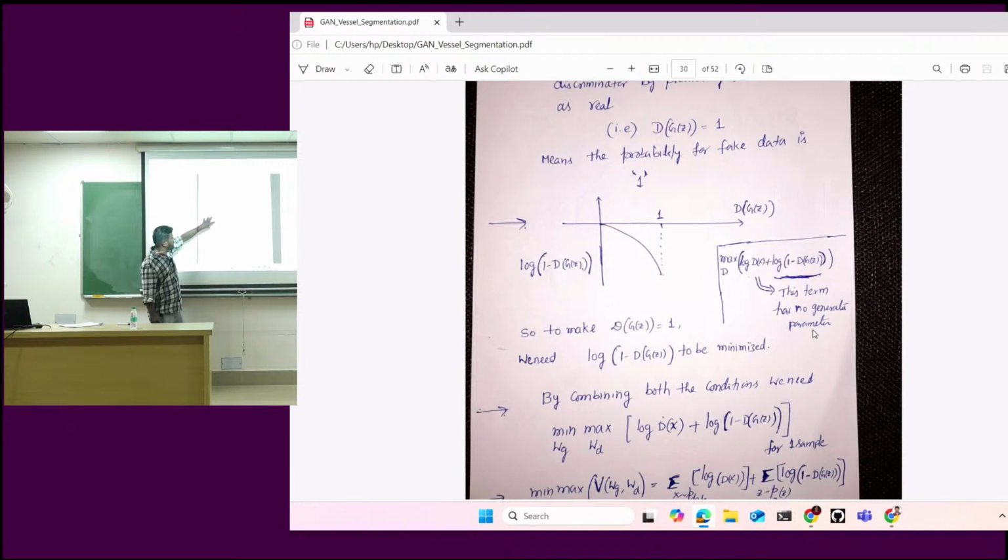So minimization of this is nothing but making the probability for the fake sample 1 by the discriminator. This is how you get the loss for the generator, and you combine the two losses.